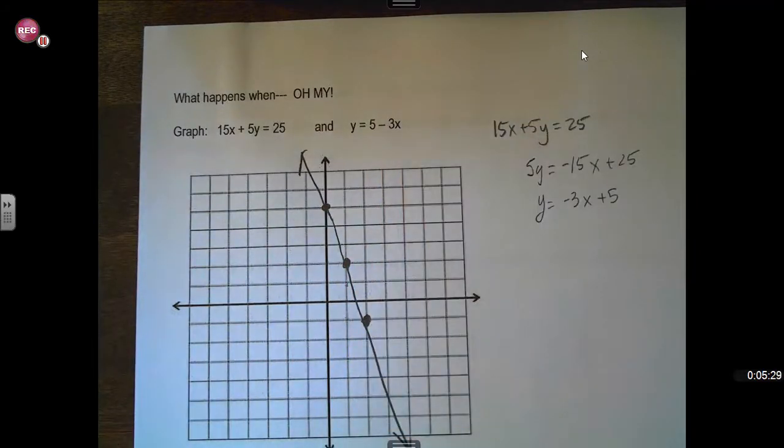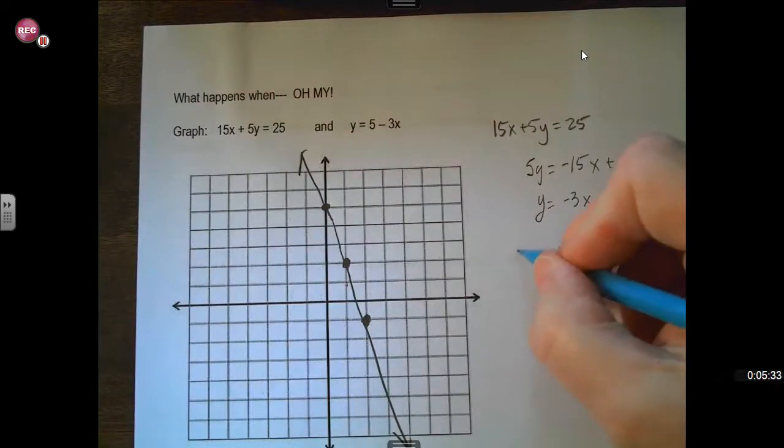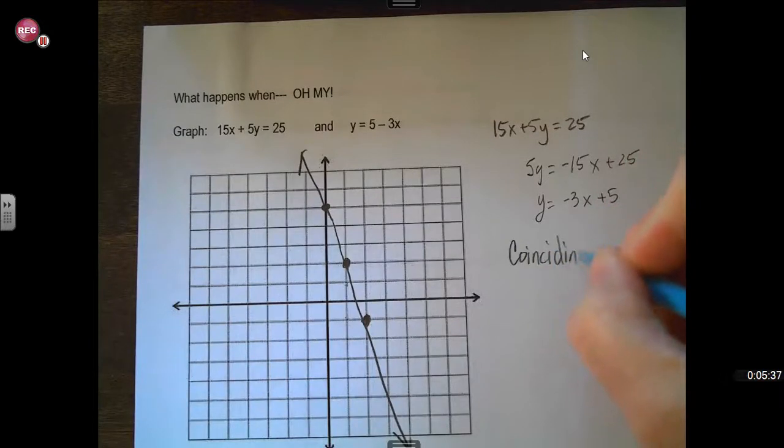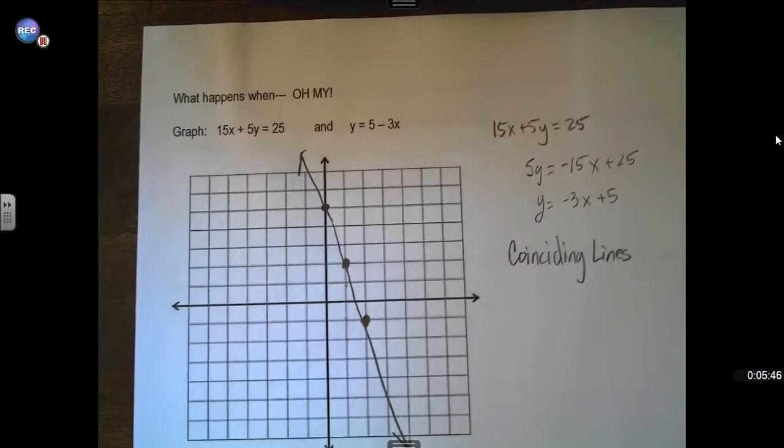These are called coinciding lines. When lines are coinciding, that means they land right on top of each other, and that means the answer is that there are infinitely many solutions.